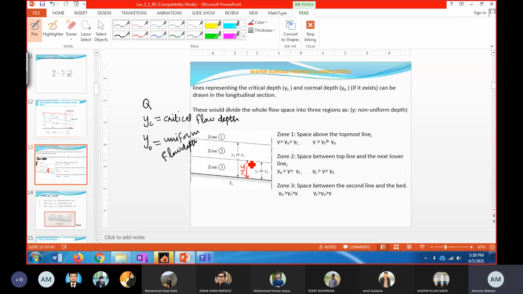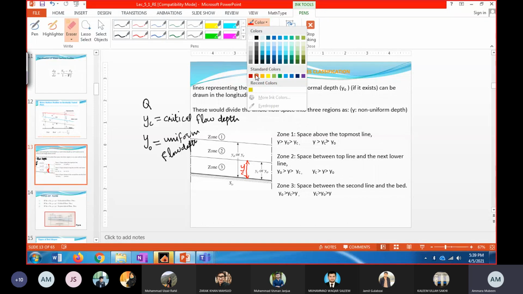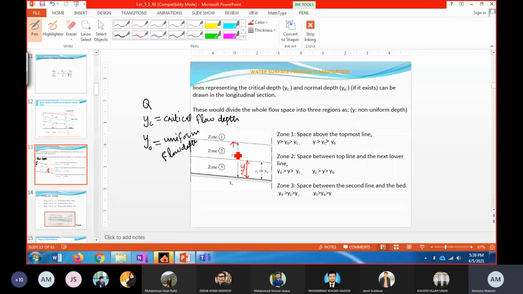The second zone would be from here to here, it is Y naught. So this is the scenario when Y naught is greater than Yc, and the zone which is above this line would be called zone 1.